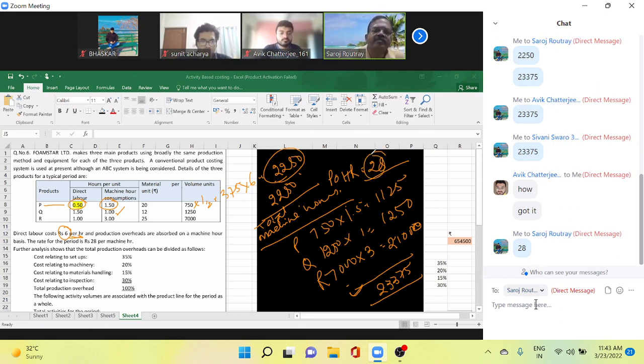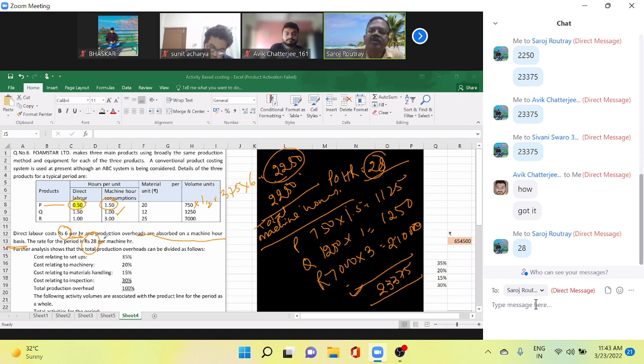It is given, 28 per machine hour, the rate for the period. This is the conventional method of costing. They are currently using production overheads absorbed on a machine hour basis. This is called POHR, and 28 per machine hour is given in the question.